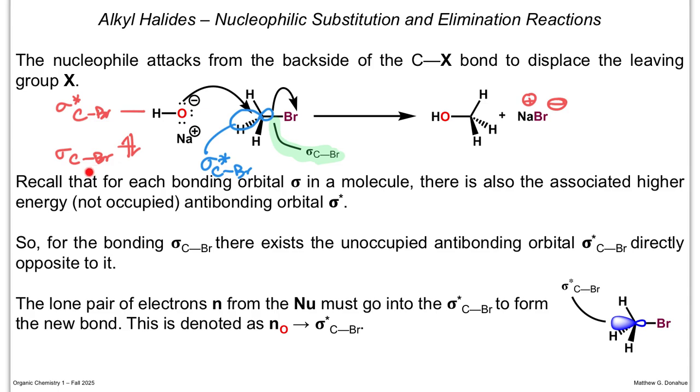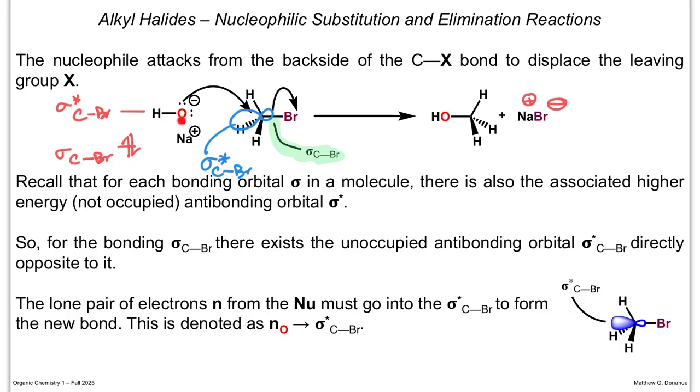So to recap that, the sigma bond has 2 electrons, the sigma star has none. It has to exist to conserve orbitals, but conceptually, it helps explain where these electrons of the nucleophile are actually going.